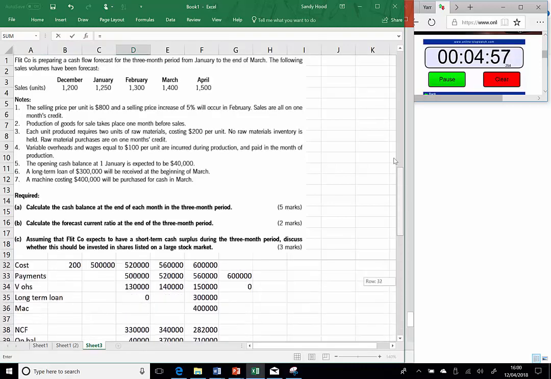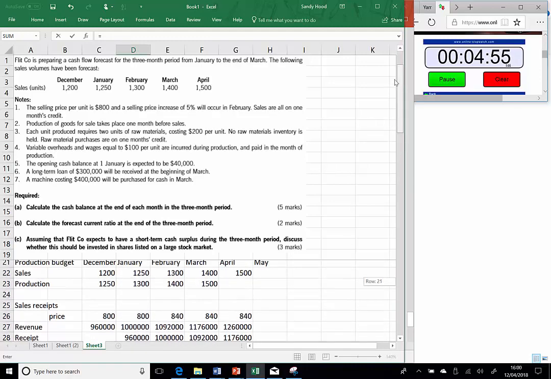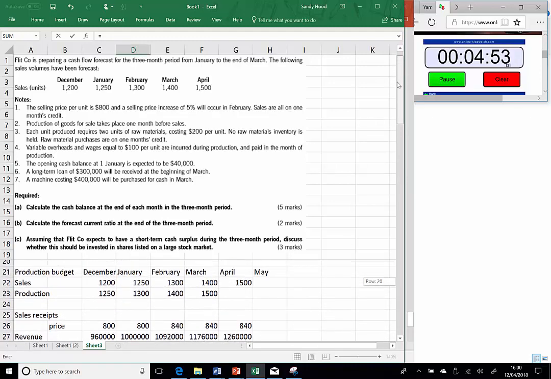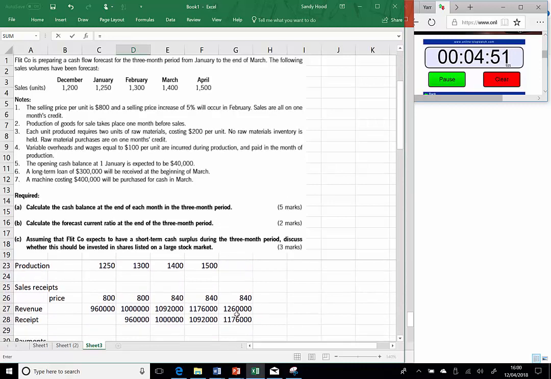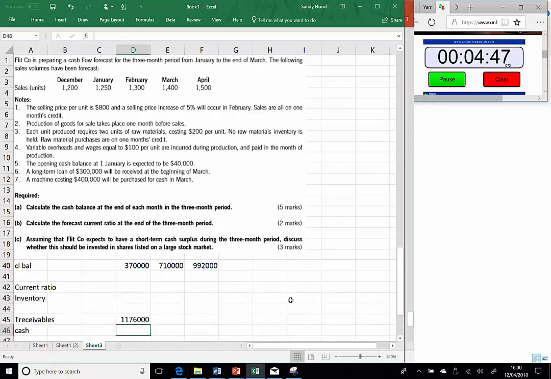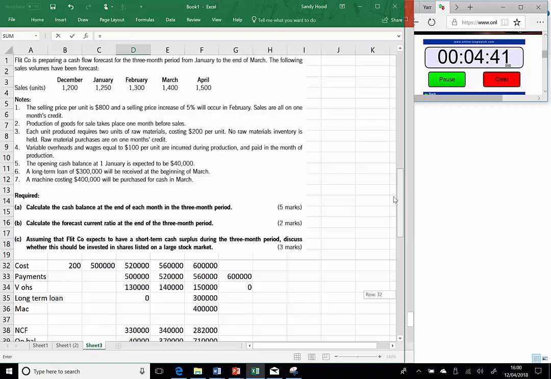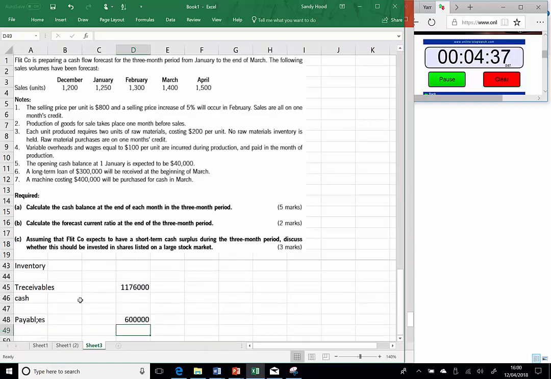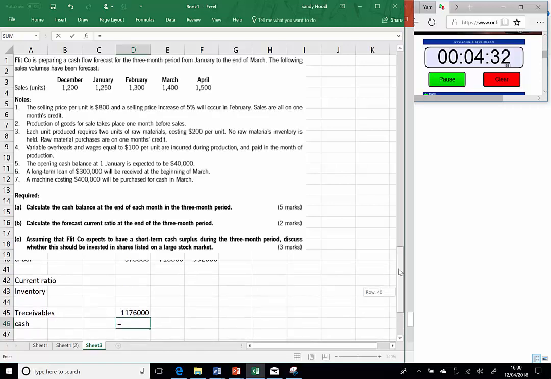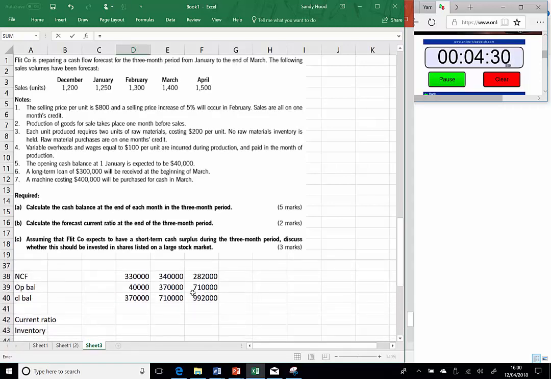Trade receivables would be the receipt for April, and trade payables would be the value for April in the payments section. And cash, we know, is the figure that's come from the closing balance at the end of the 3 months.